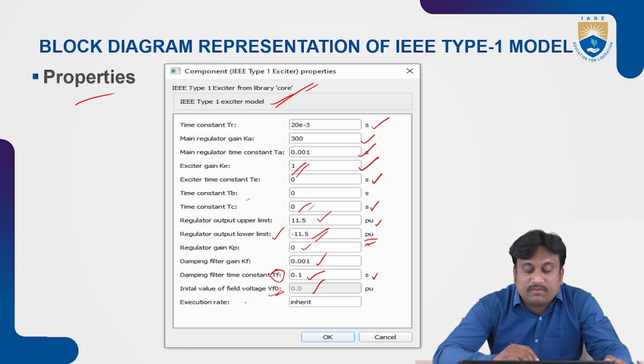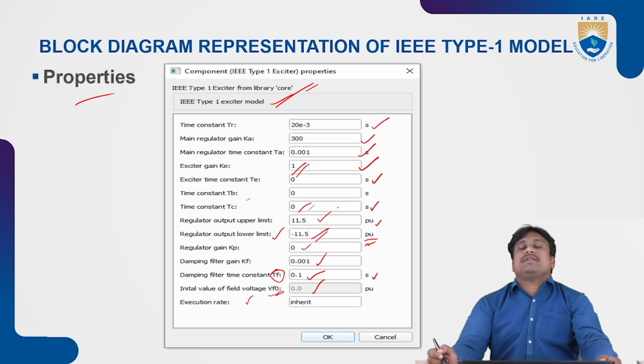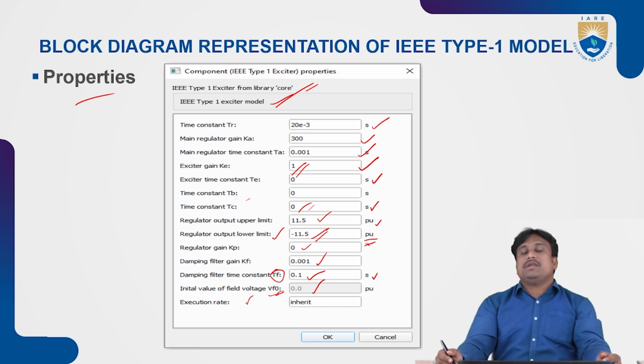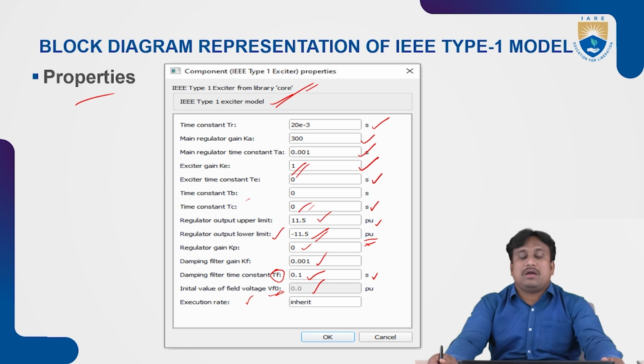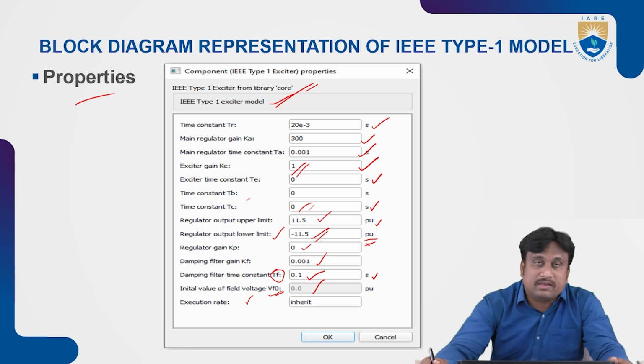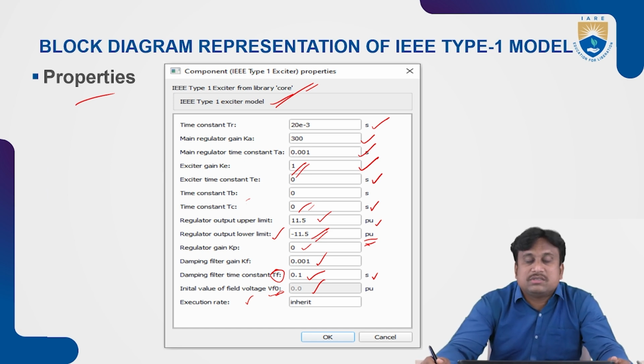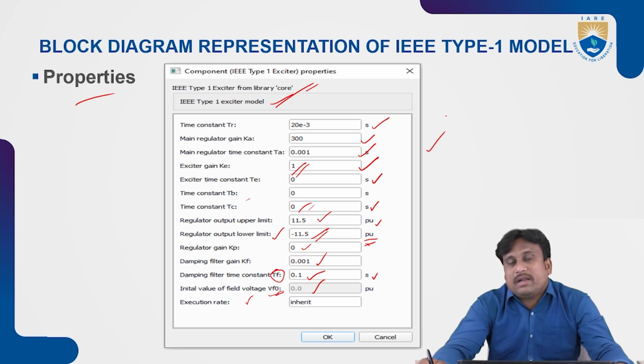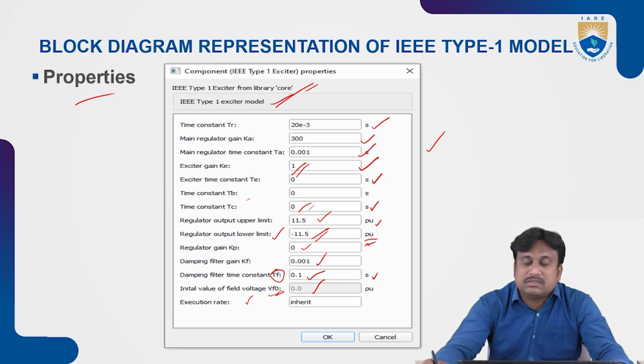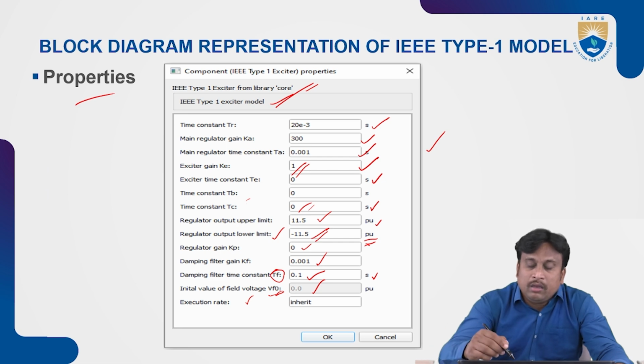And finally, the execution rate will be inherent in nature for this system. That means the system responds to the conditions of exciter gain and time constants as regulated output voltage only. These are inherent to the particular system case. So according to that only, the properties are treated for the whole exciter system.